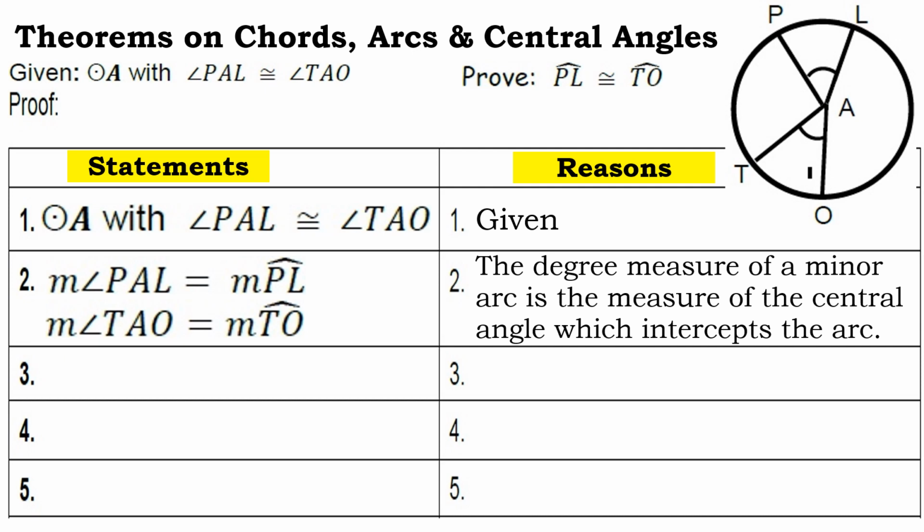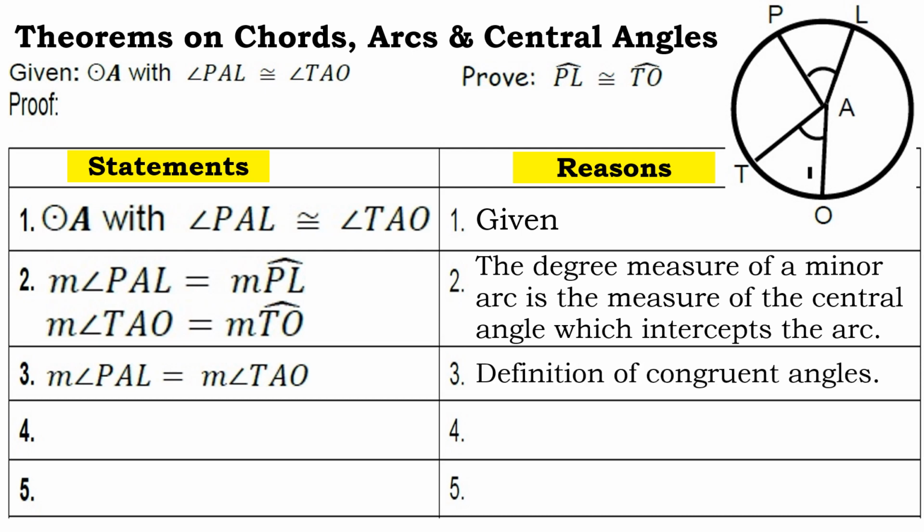So according to the given, angle PAL is congruent to angle TAO. So we can say that the measure of angle PAL is equal to the measure of angle TAO. Reason, definition of congruent angles.